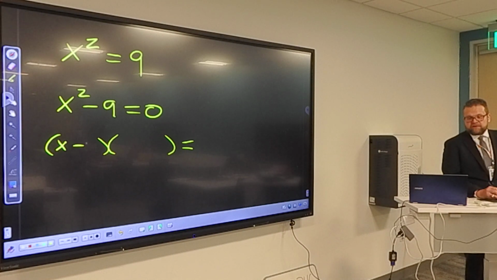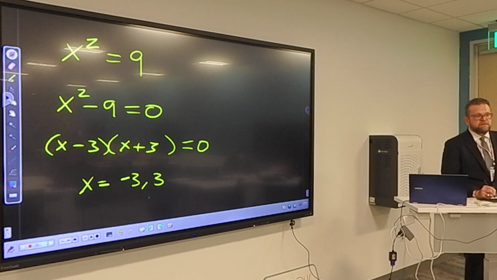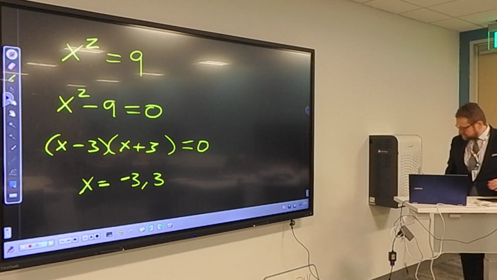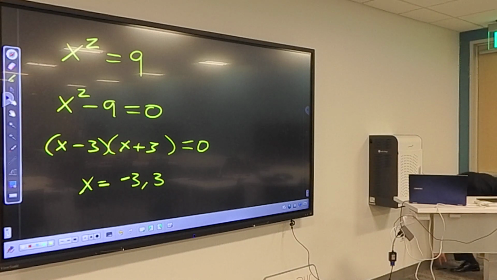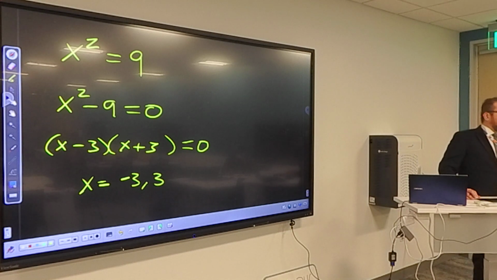So it factors like x minus 3, x plus 3. And you can see there's two roots to this. But this polynomial is not the act of taking the square root of 9.